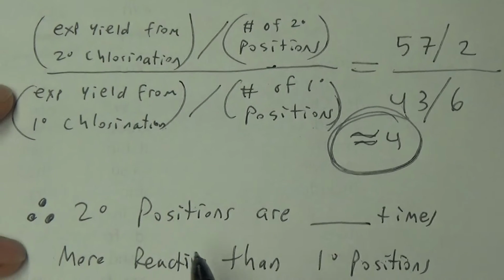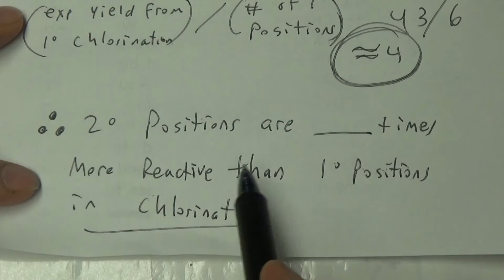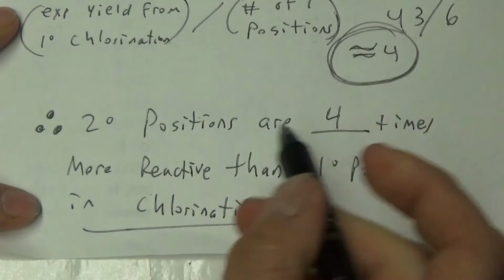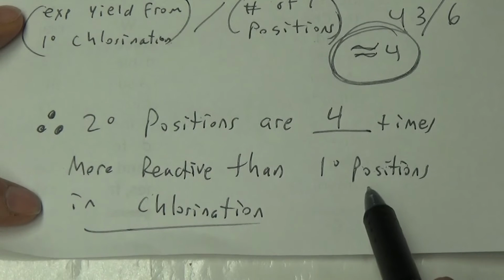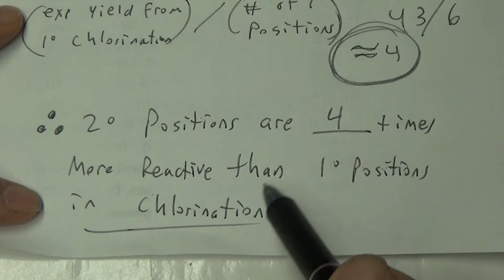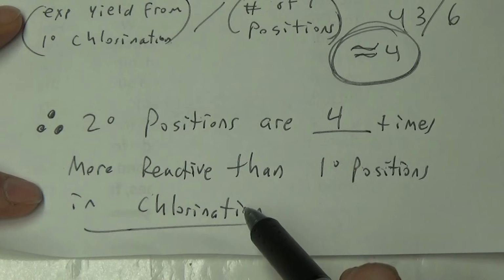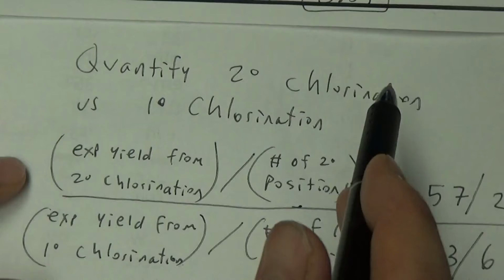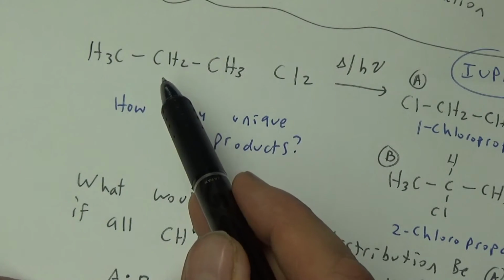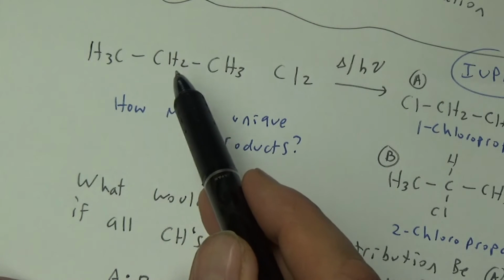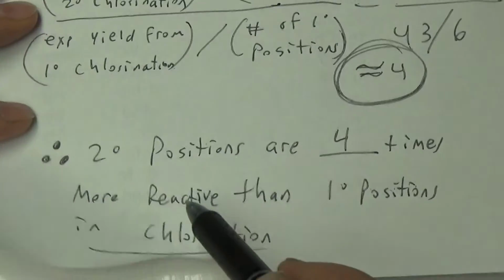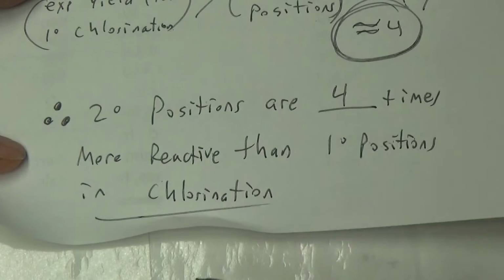What's this amount of times? It's 4. Secondary positions are 4 times more reactive than primary positions. In a nutshell, it's due to the radical stability: the secondary site is a little more stable when you rip off that H and you get a secondary radical. All right, and so secondary positions are 4 times more reactive. Cool.